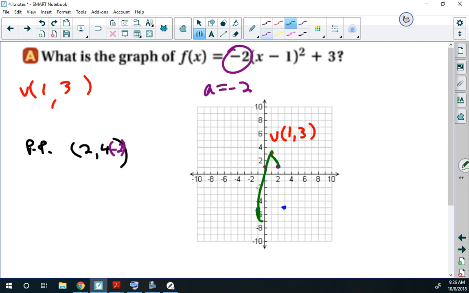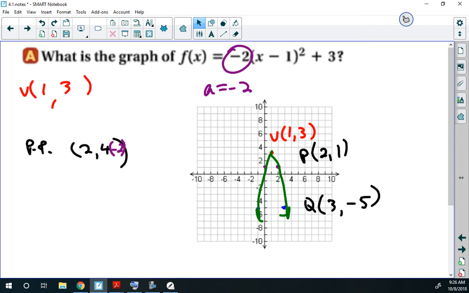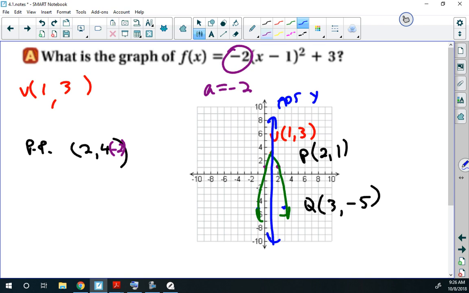So my point P would be the point (2, 1). My point Q would be the point (3, -5). Completing the graph, it's always a good idea to sketch in the axis of symmetry. Axis of symmetry, x equals 1 in this case.